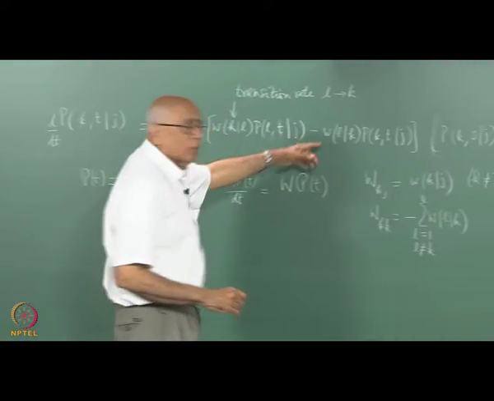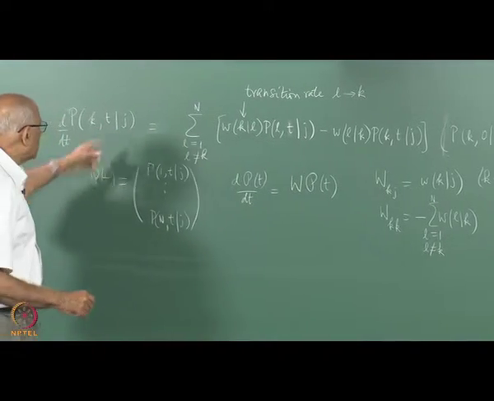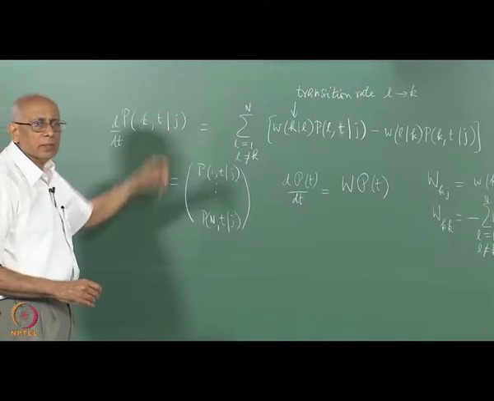Just go back to this equation. Let us write this equation for instance for the case when k is 1, and let us suppress the index j, that is not necessary here.